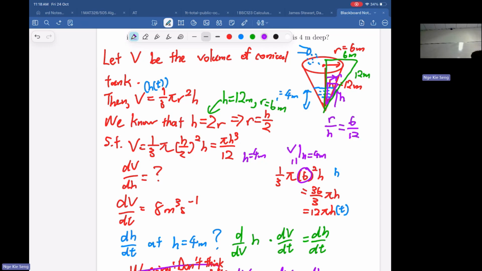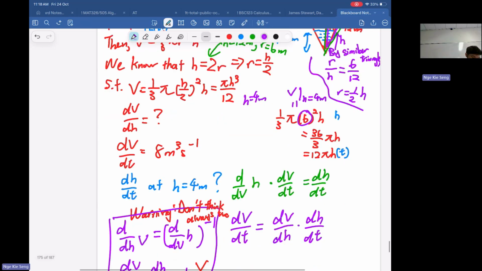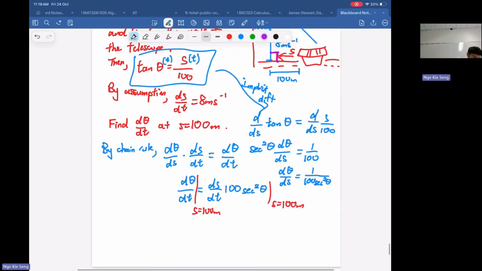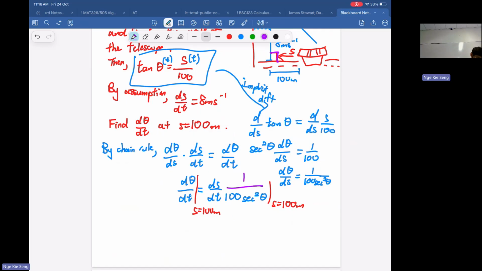So that's how you get this ratio here. r equals 1 over 2 h. Makes sense? This is the similar triangle. Okay, this part is done. There's one part where I did something extra right here. We don't need to divide or multiply; this is still division here, so keep it downstairs. Okay, that's it.